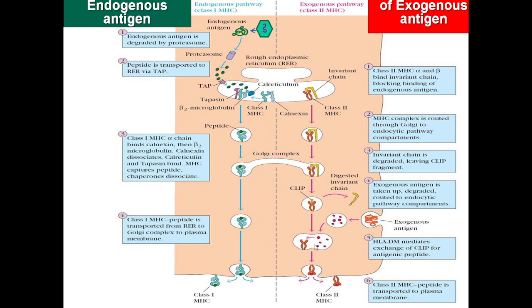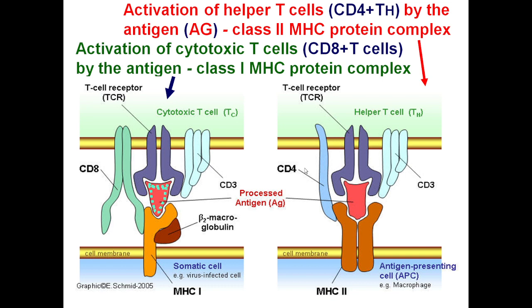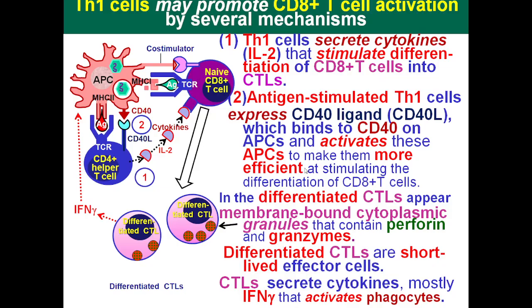In contrast, binding of the exogenous peptide to the MHC2 molecule is a late event because it occurs after transportation of the MHC2 molecules to the Golgi complex, to the Golgi apparatus. Now here you see the presentation that we discussed before.